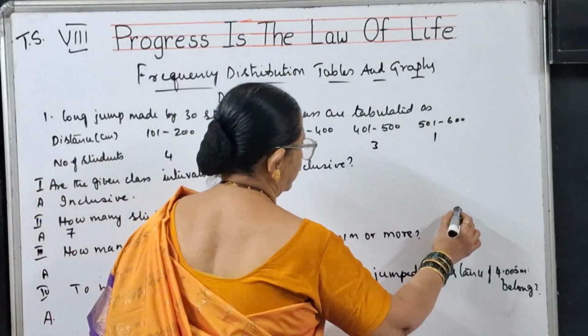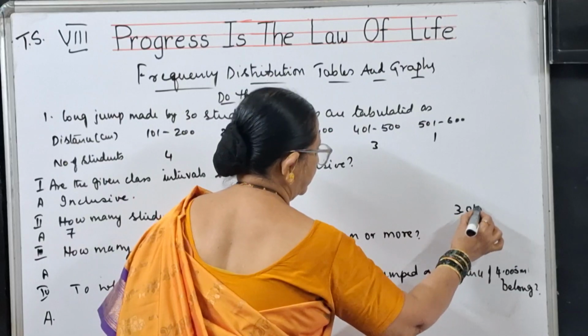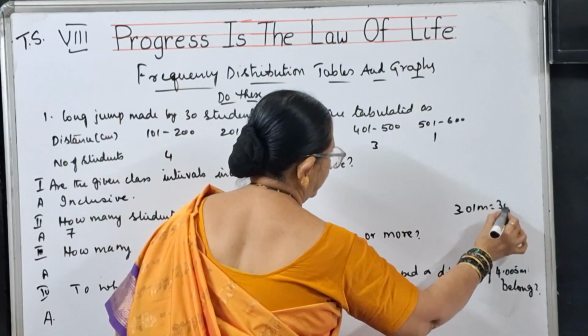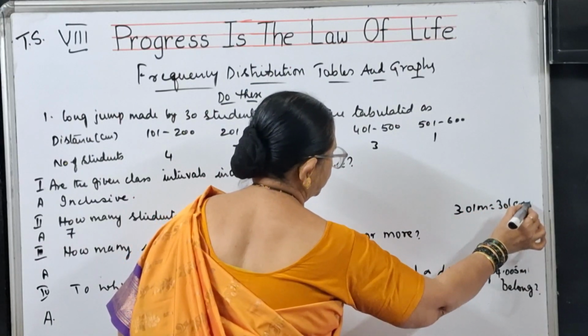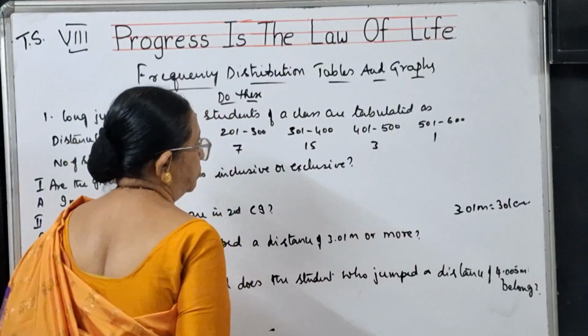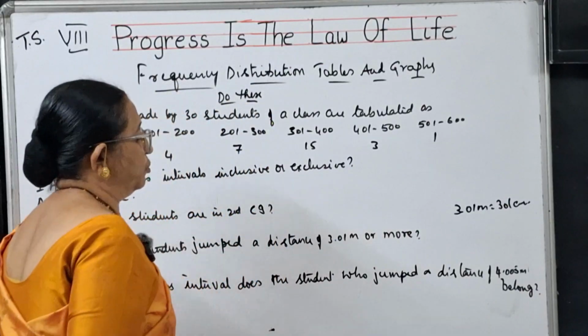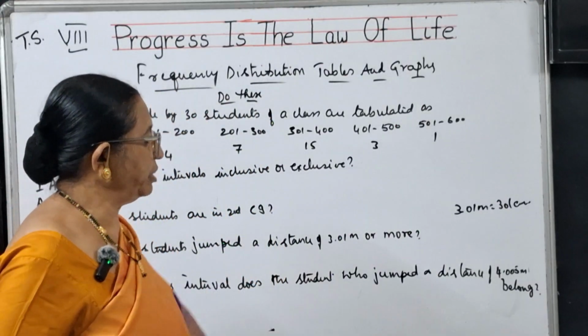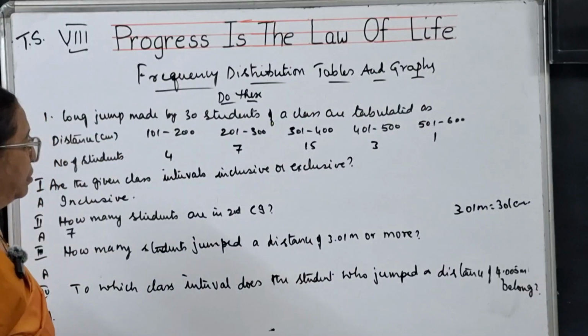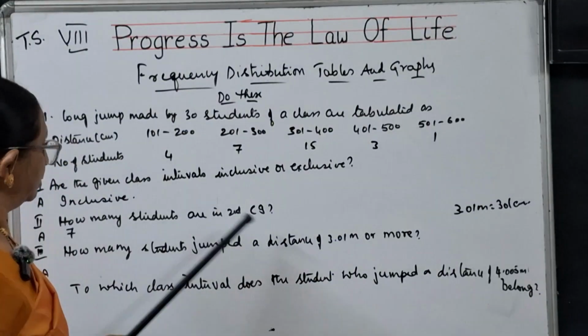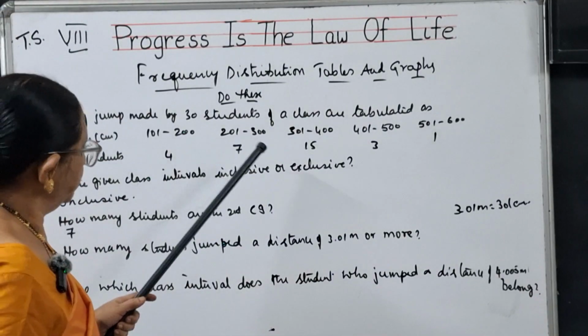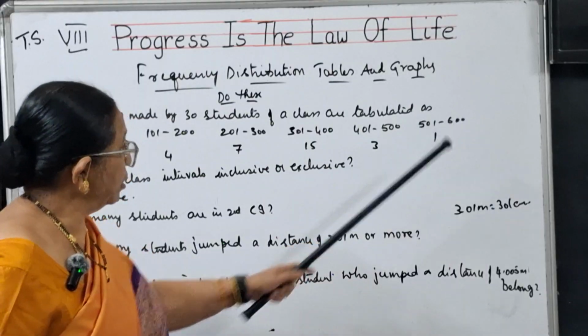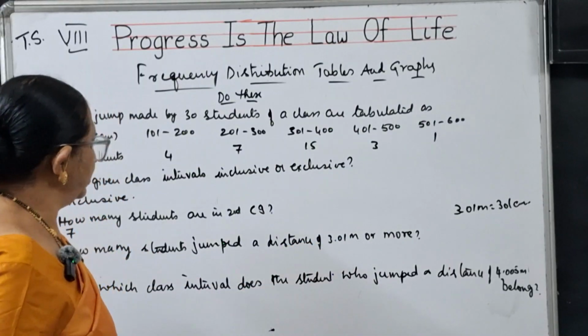Next, how many students jumped a distance of 3.01 meters or more? 3.01 meters means 301 centimeters. You know that because 100 centimeters make 1 meter. So 301 centimeters or more means from here, all the remaining. How many students are there?